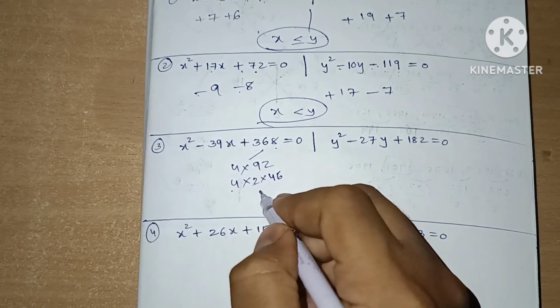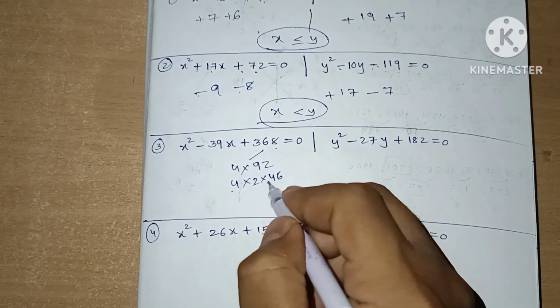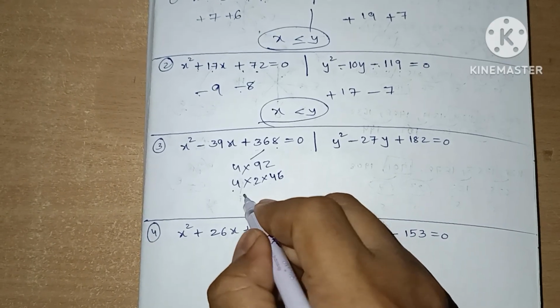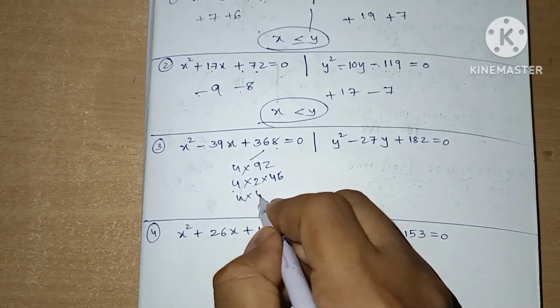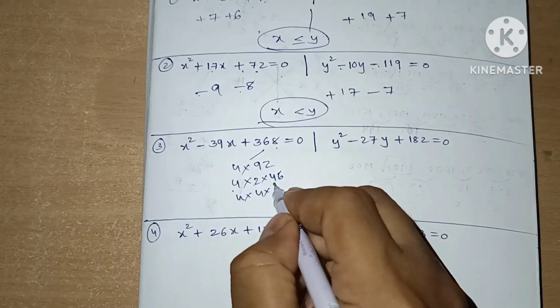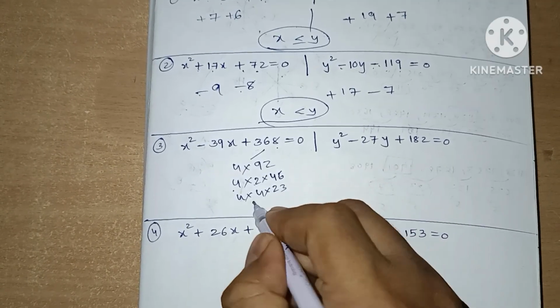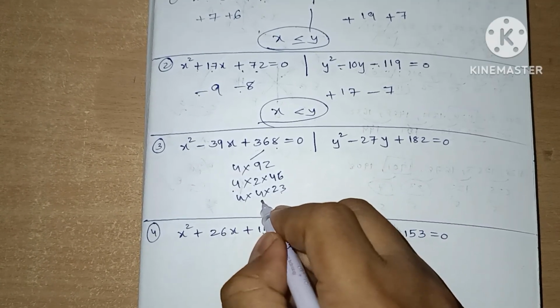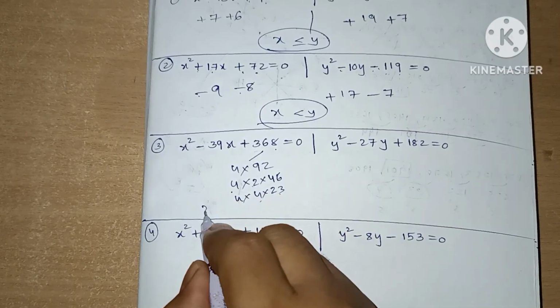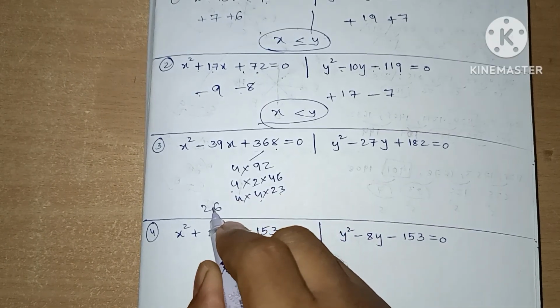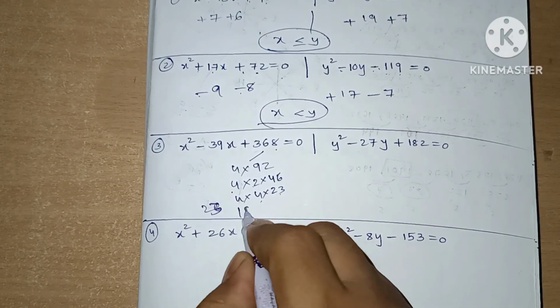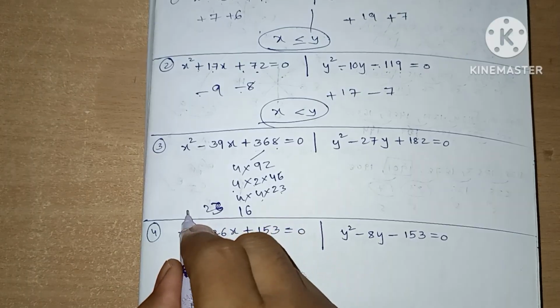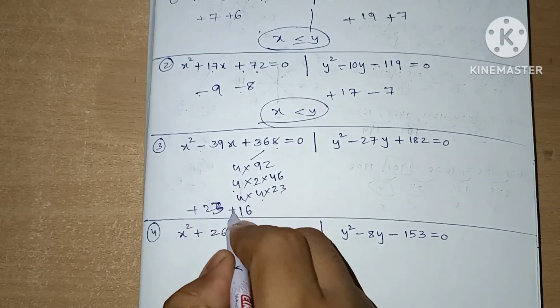We don't get it yet, so divide further: 4 into 4 of 23. 23 plus 16 will be 19?? So 23 and 16 are the factors for this one. Minus and plus, the roots are positive.